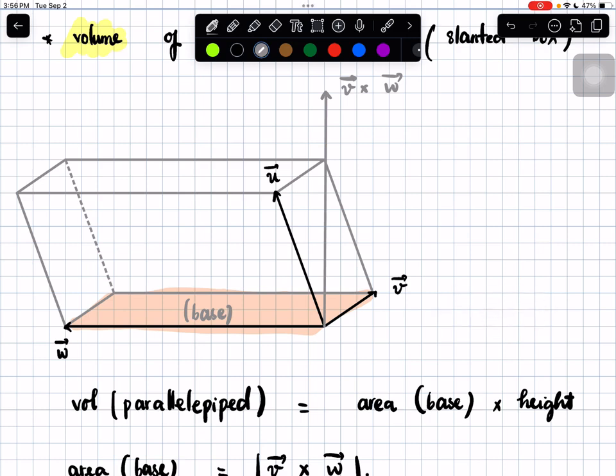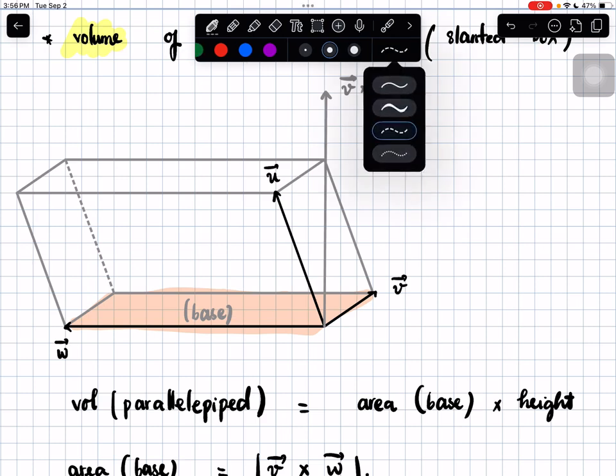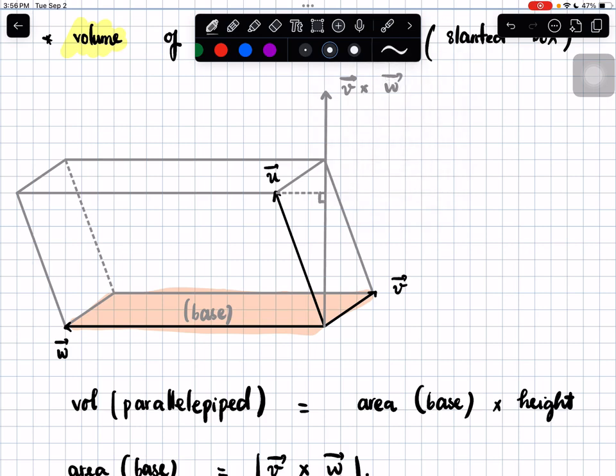Now I want to find the height. So the height is a projection of vector u onto vector v cross w. So let me project this perpendicular to here. So this is 90 degrees. This length gives us the height. Okay, we need to compute that.